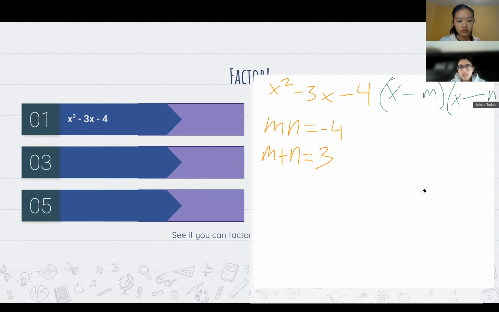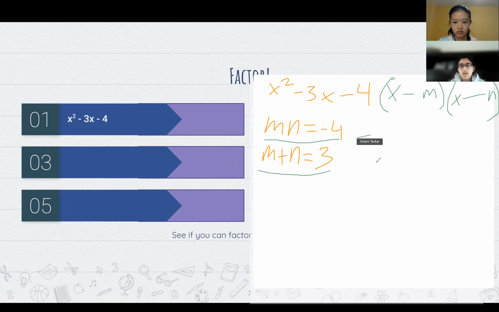If we have it in this format, then we would have x squared, and then negative m minus n is equal to negative 3. So m plus n is 3, and then m times n is equal to negative 4. So what multiplies to negative 4 and adds to 3?